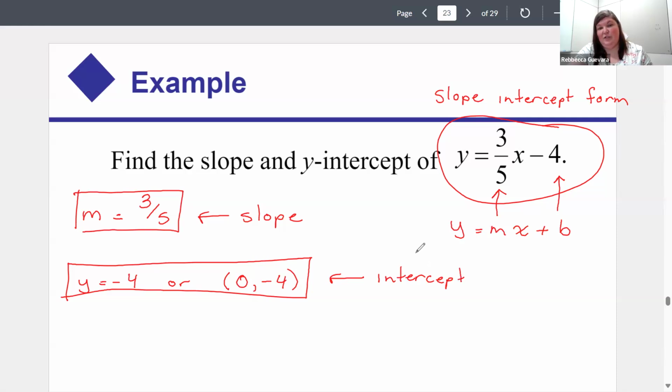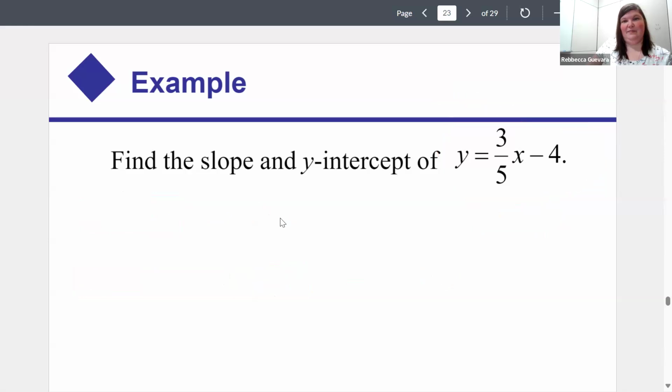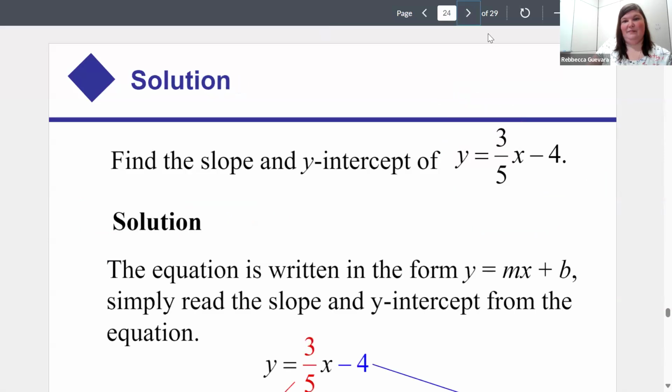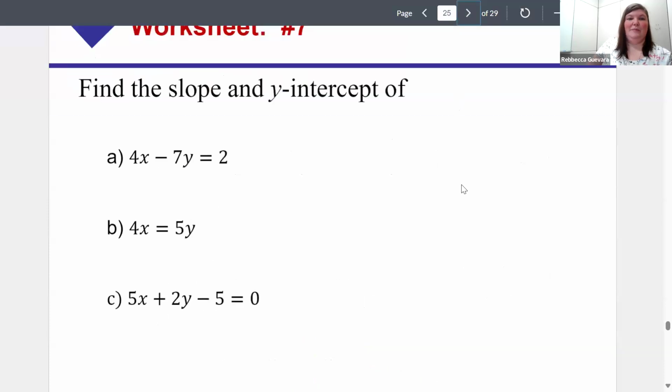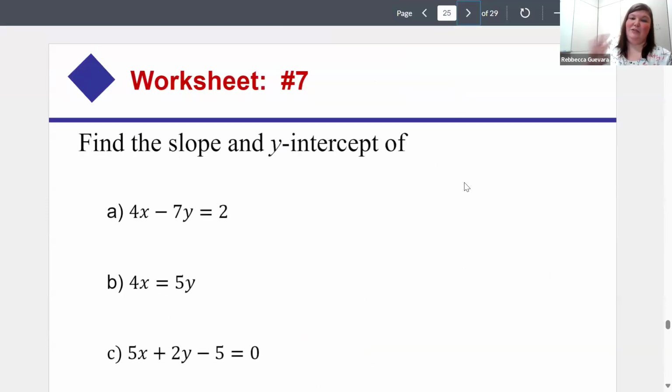More precisely, it's your y-intercept. I was being lazy again. So that's my solution.